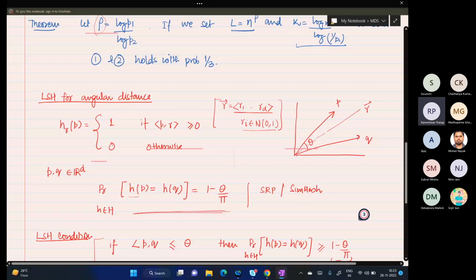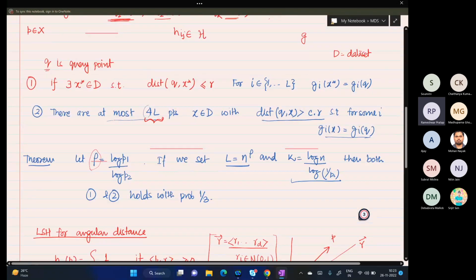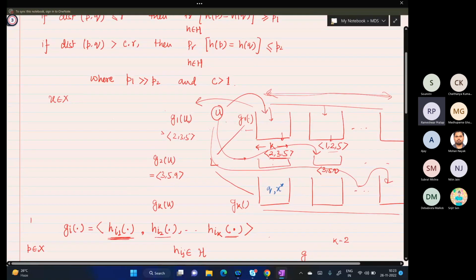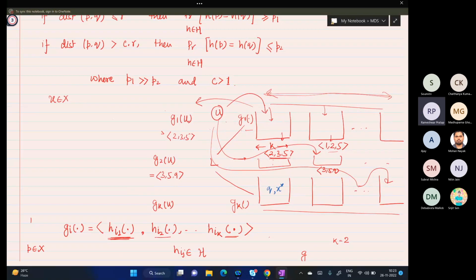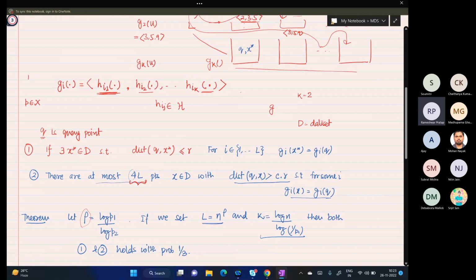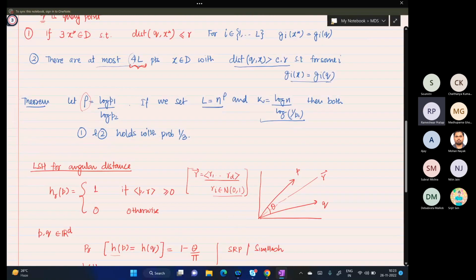Okay, and again you can put it in this framework: you can generate and concatenate k such hash functions and define G, and repeat it L times, right? So this is generic, and SimHash is one specific instance where our input is a real valued vector, similarity is angular similarity, and H is this SimHash. And this guarantee will follow.